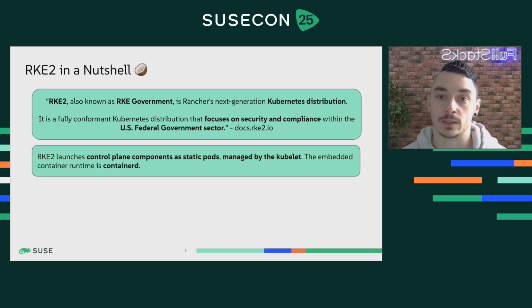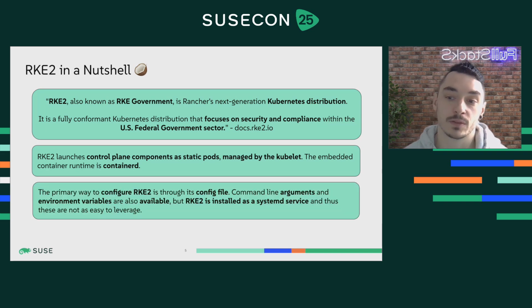RKE2 starts with launching its control plane components as static pods, as other Kubernetes distributions do as well, managed by a kubelet. And the managing process behind that, the RKE2 server or agent, is embedded as a systemd service, and it ships with containerd as its default container runtime.